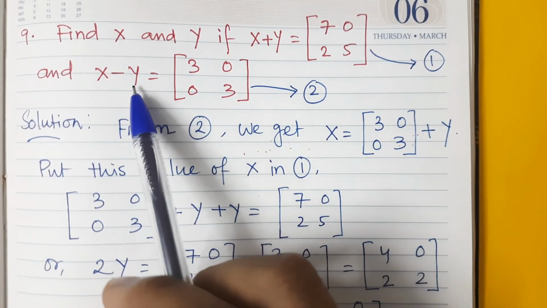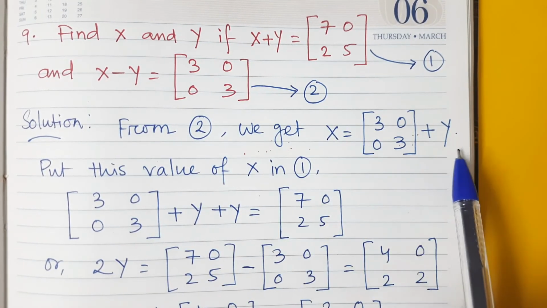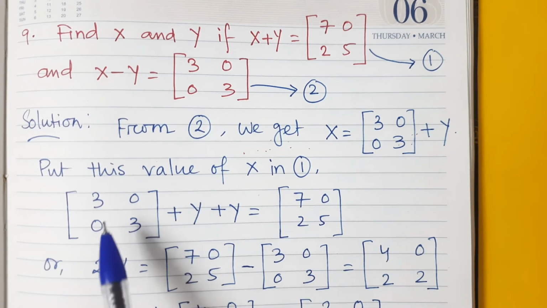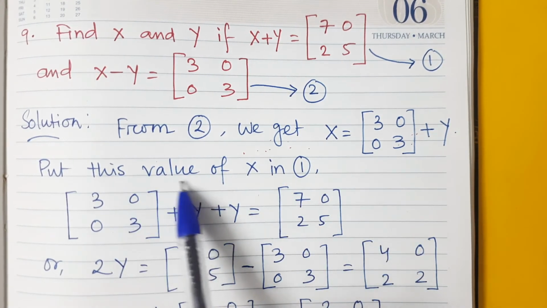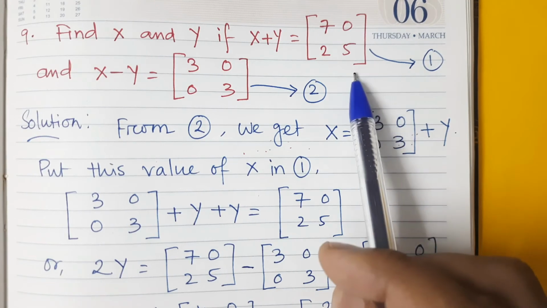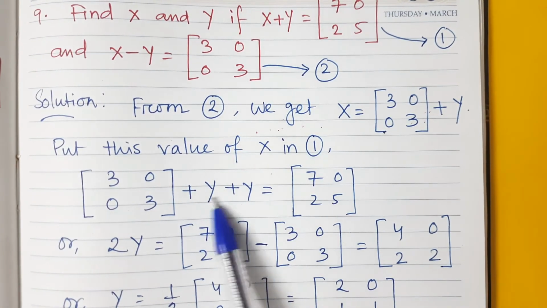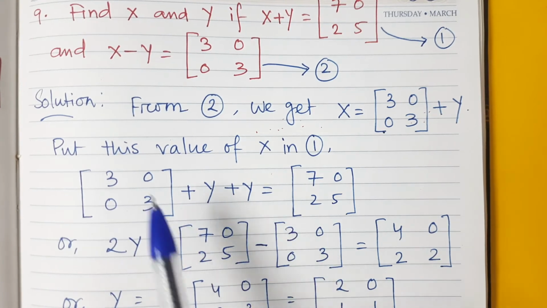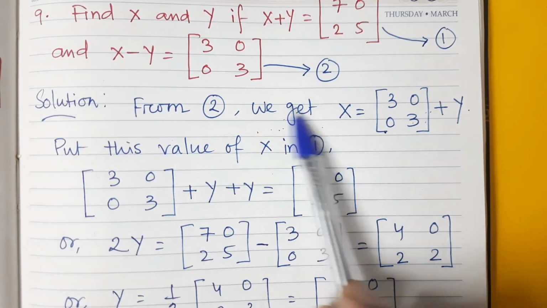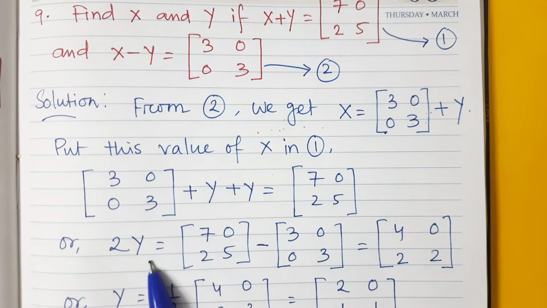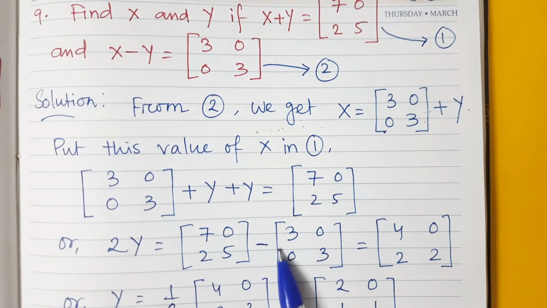I am putting this y on this side of the equation. Now put this value of x in equation number 1. After that this will be y plus y, 2y, and this matrix I am sending to this side of the equation.